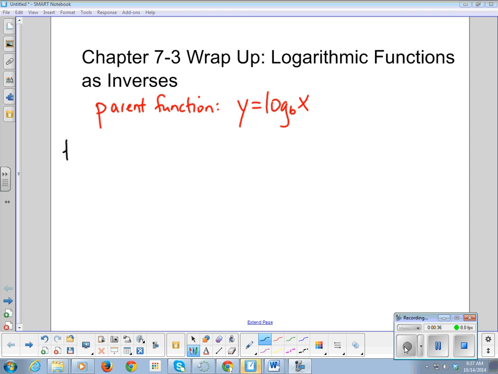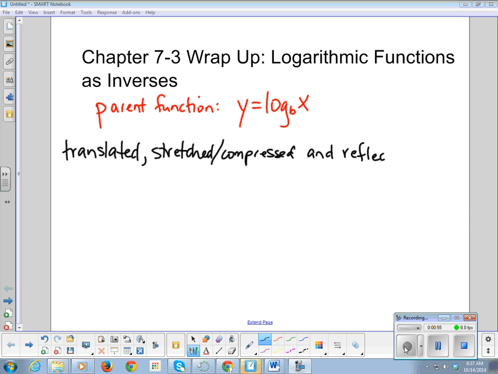And then our translated, stretched, compressed, and reflective function is y equals a log base b of (x minus h) plus k.